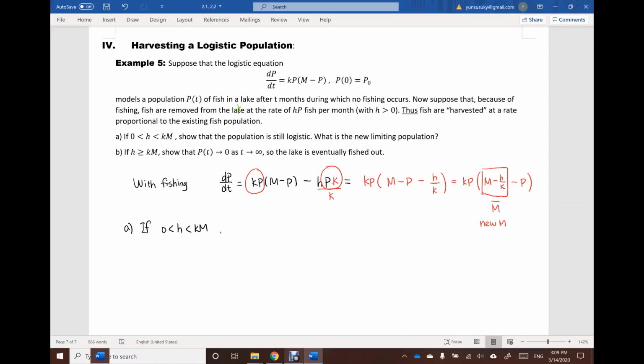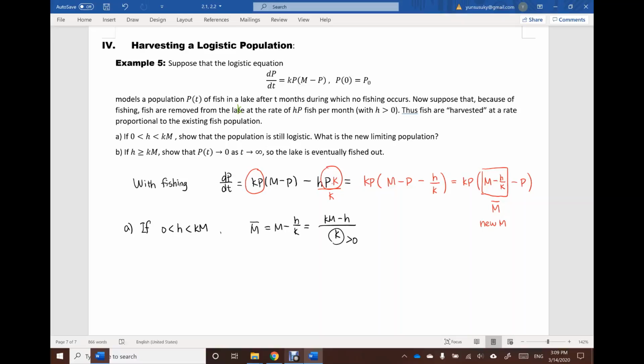Let's figure out. What is our m hat? It is m minus h over k, right? We can take the common denominator k, then we have (km minus h) over k. Remember that k is always positive.